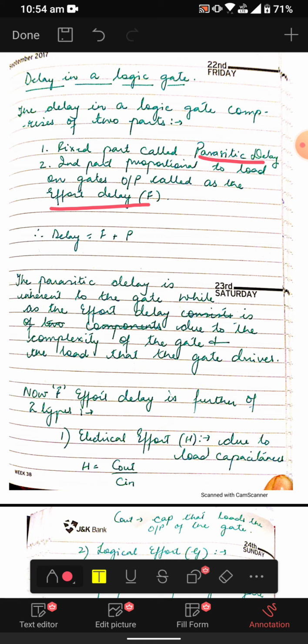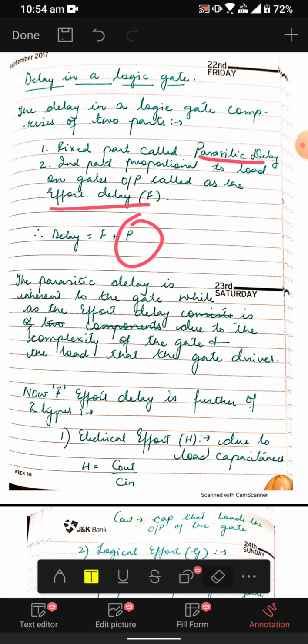Whatever the complexity of the gate, its fabrication, or the load we have given on it, there is some inherent delay which that gate produces, and it is called the parasitic delay. It is fixed. It does not vary with the load, the capacitance or anything. It is simply something inherent to the gate, and it is denoted by P.